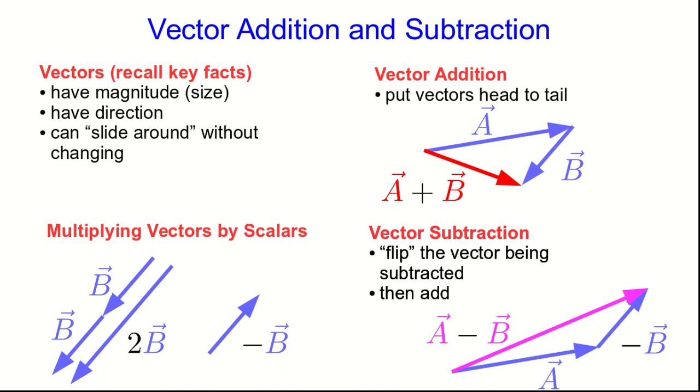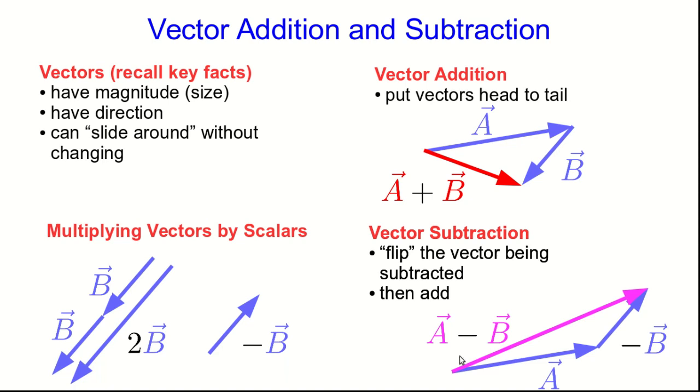We're going to learn ways of doing this all algebraically by manipulating numbers in equations. But it's important to realize that while that's convenient and powerful, the real meaning of vector addition and subtraction and multiplying by a scalar is given by pictures like this, and so you should never forget these pictures.